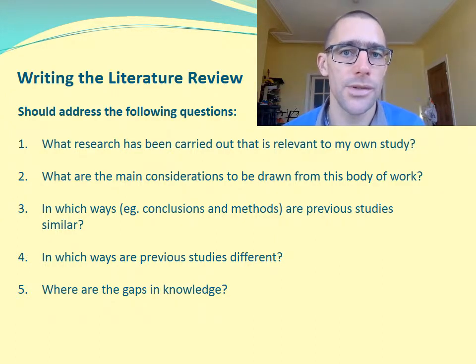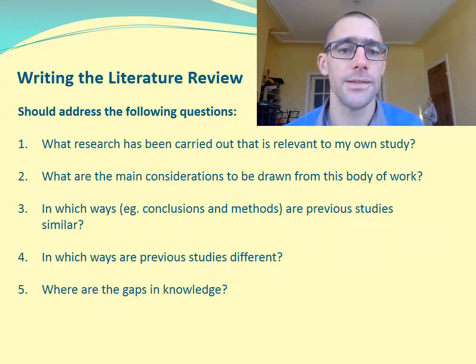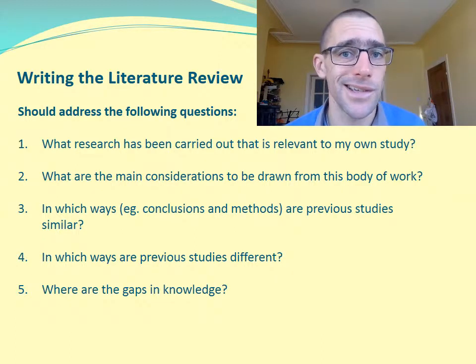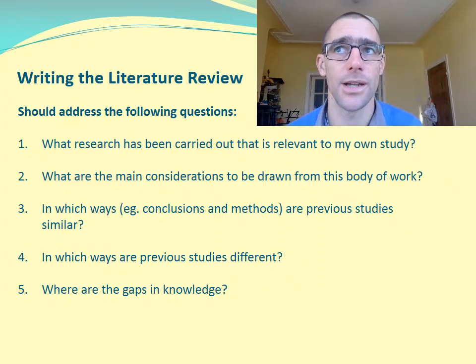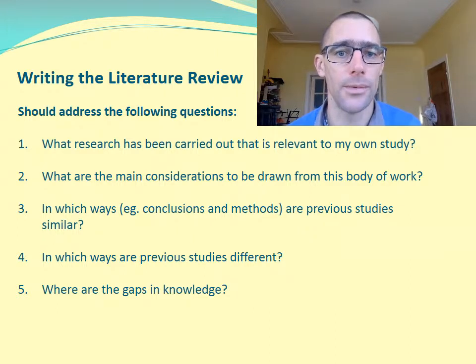Now, we often talk about being critical of research that you are evaluating or reviewing. That doesn't mean just criticising in the sense of talking about what's bad or missing, but it means making some judgments about the work. So one way to do that is through the final three questions on this slide.